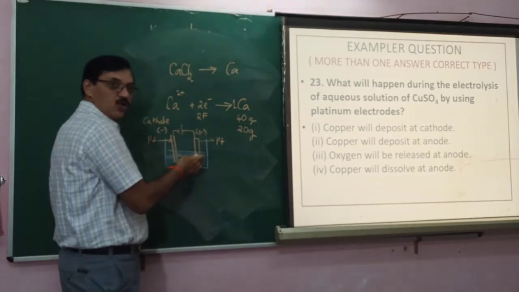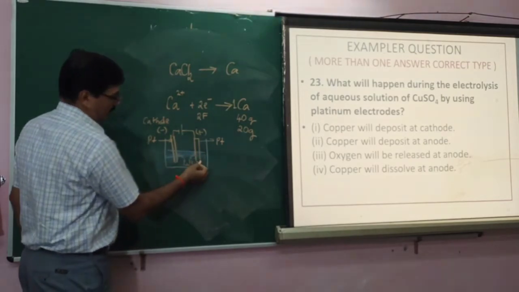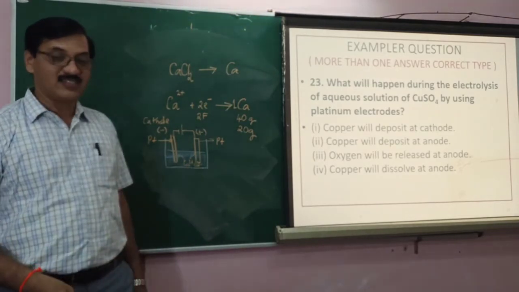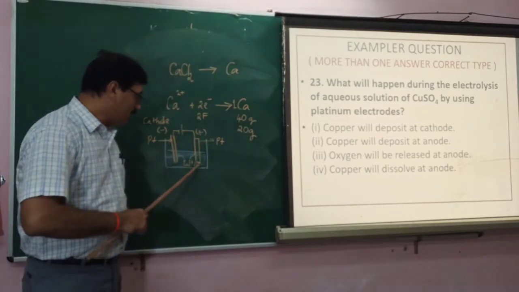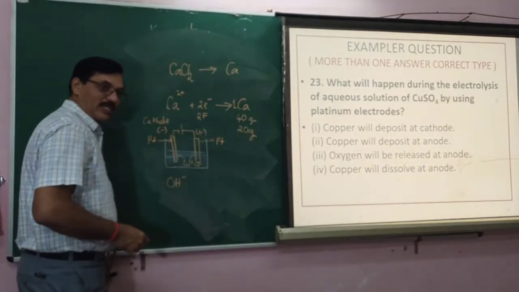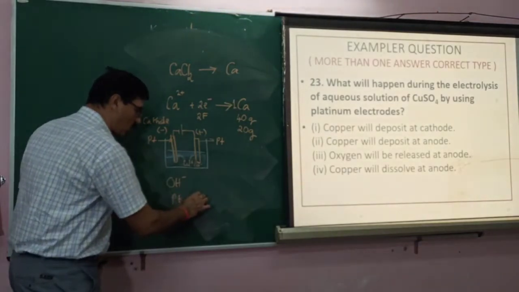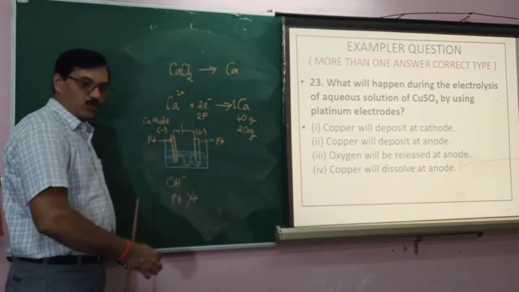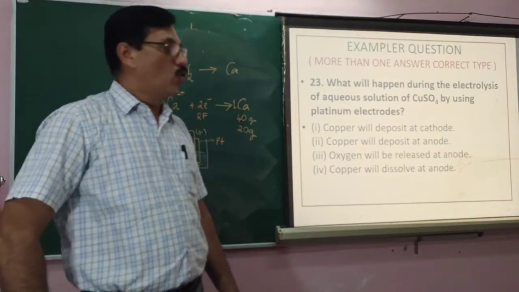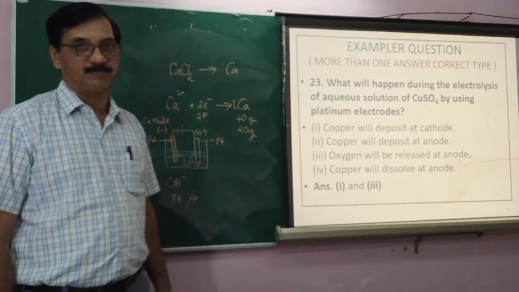Either the electrode should undergo oxidation, or copper, or OH minus ion should undergo oxidation. It is aqueous copper sulfate, therefore the OH minus ion will go to the anode. That means water undergoes oxidation, or the possibility is that platinum undergoes oxidation. Platinum being an inert electrode does not undergo oxidation readily, therefore the OH minus ion will give O2. Therefore oxygen will be released, so both 1 and 3 are the correct answers.